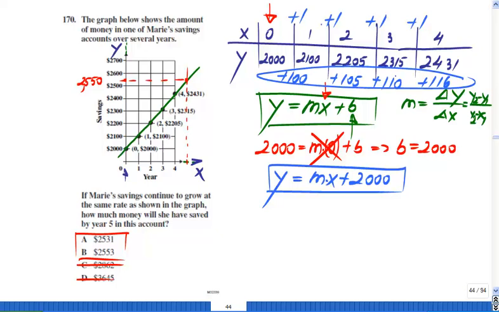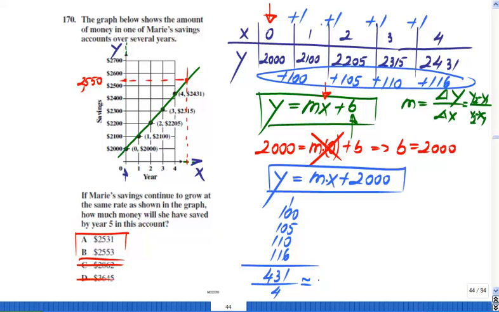To find that, let's add all these differences in y, and I have what? 100 plus 105 plus 110 plus 116, right? Add them up. I got 5 plus 6, 11, right? 1 plus 1 plus 1 is going to be 3. 1 plus 1 plus 1 plus 1 is going to be 431 divided by 4.